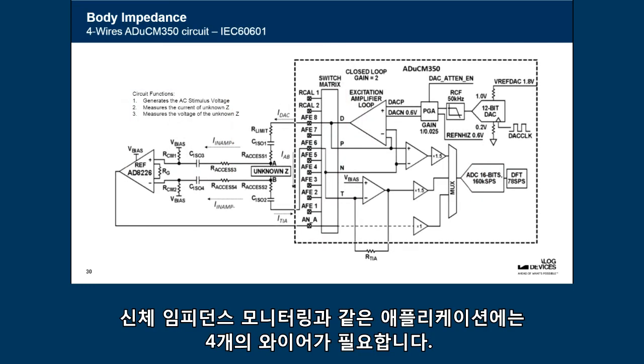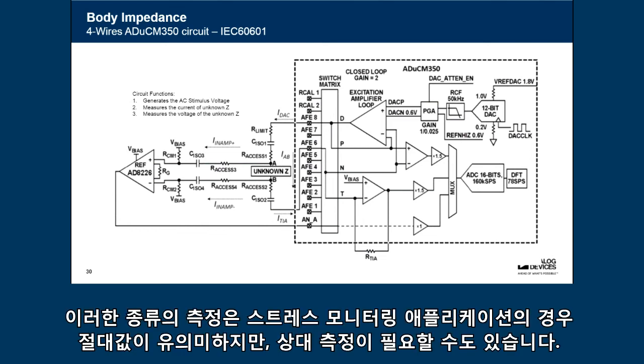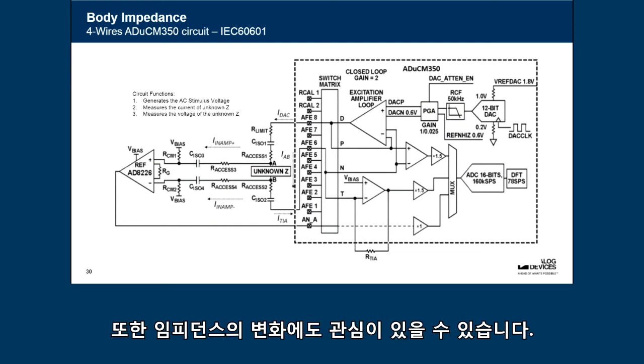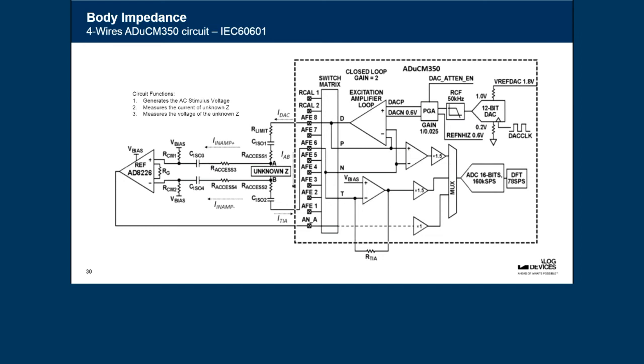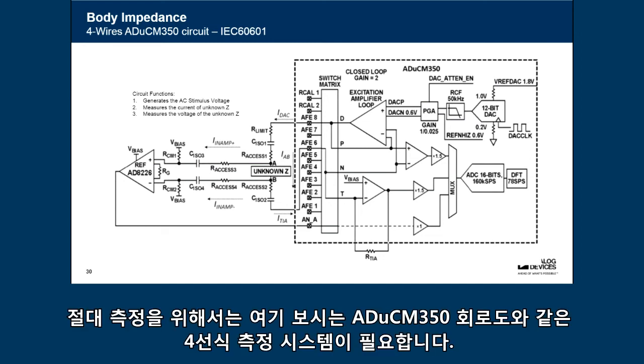For an application like body impedance monitoring, you need 4 wires. In this kind of measurement you are interested in an absolute value, whereas in a stress monitor application there is more interest in relative measurement, the change of the impedance. So for absolute measurement, you need a 4-wire measurement system, where we have here the ADuCM350 as a circuit diagram.